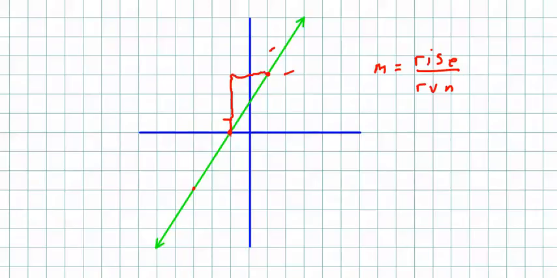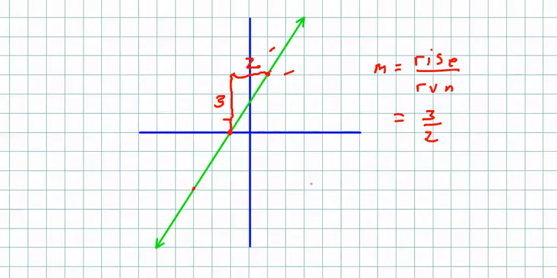All right? Now, going from this point, I go up 3 units, and then from here to here, I go over 2 units. So from this point, I go up and I go over. My slope is 3 over 2.